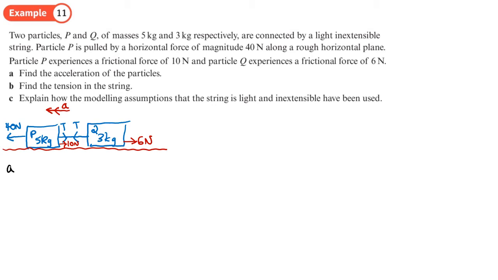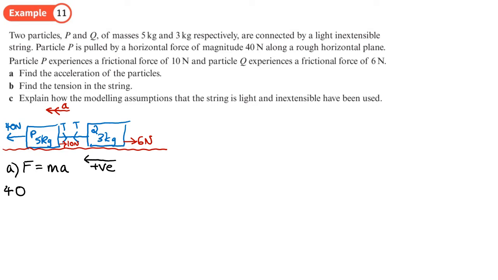And part A says find the acceleration of the particles. So we just clump them together. Okay, so using F equals ma, Newton's second law, what are the total forces? Now I'm going to take this way as positive, my positive force. Now what's the pulling force? 40.